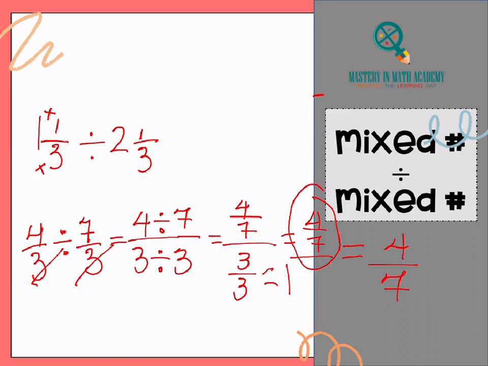And you don't want to do all this extra work that looks so confusing. Once you ignore your denominator, then now you can focus on your numerators, which is 4 divided by 7. And remember, you read it from left to right.